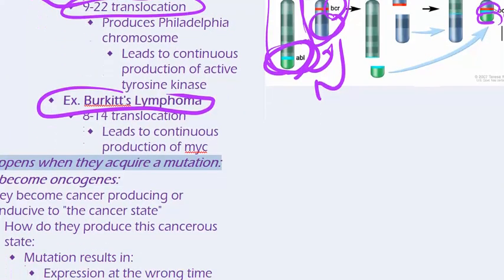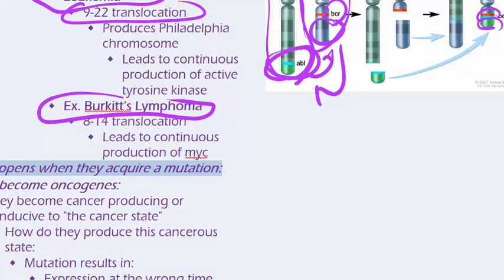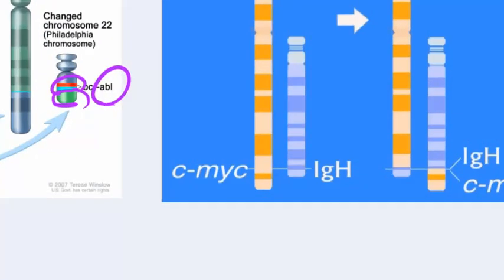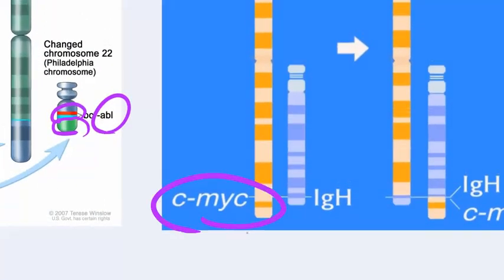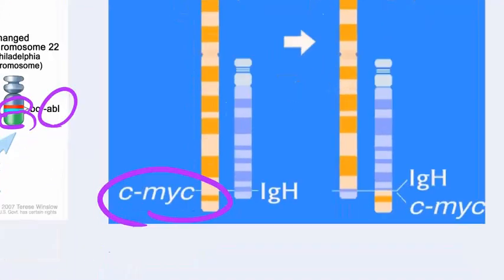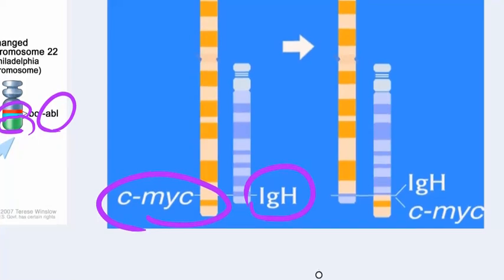Cool. And then with Burkitt's lymphoma, it's the same concept. You have something that is not actively being transcribed, and it's moved to a location that is actively transcribed, and you can see it here. Your c-MYC is normally on chromosome 8, and in this position it's not being actively transcribed. However, the genetic information for your IGH is.